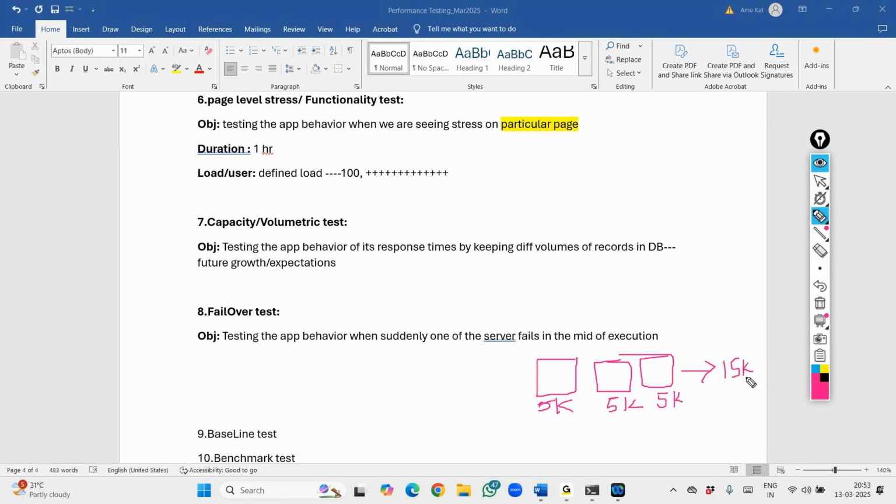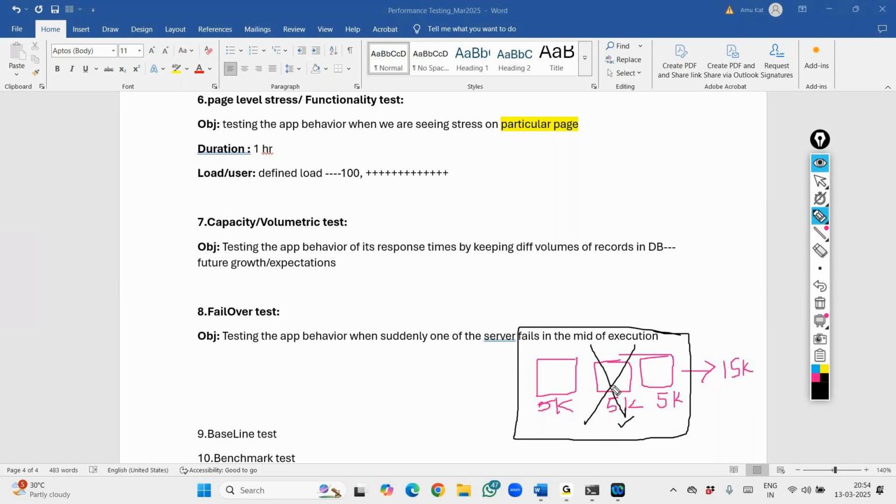What we are doing in this test is, if any of the servers fails in the middle of execution, suppose the Amazon Big Billion Sale is going on and they have 3 servers, and let's consider 5k is the capability.